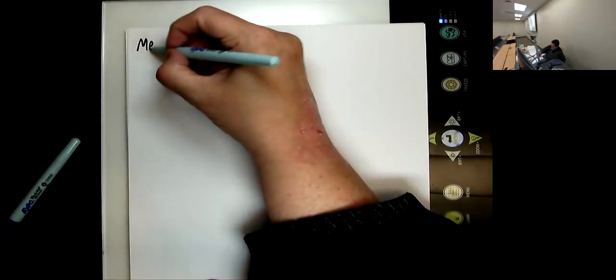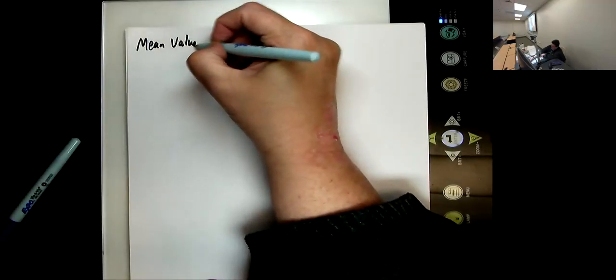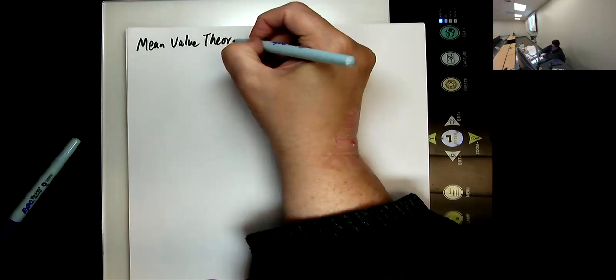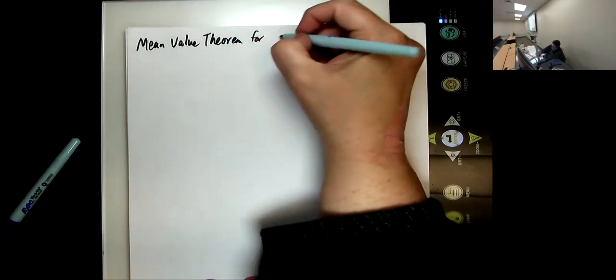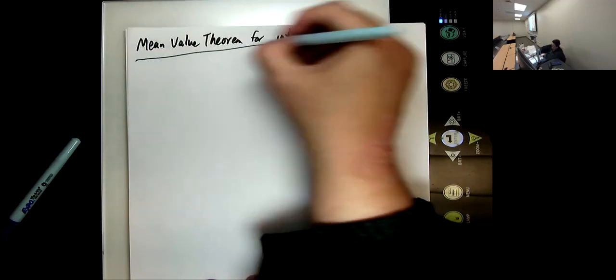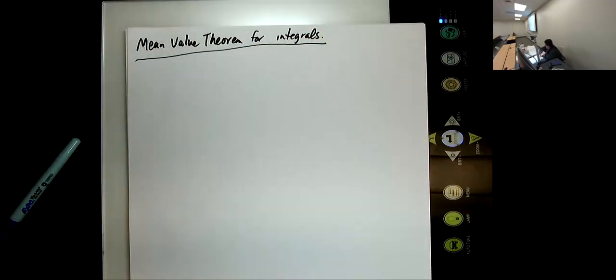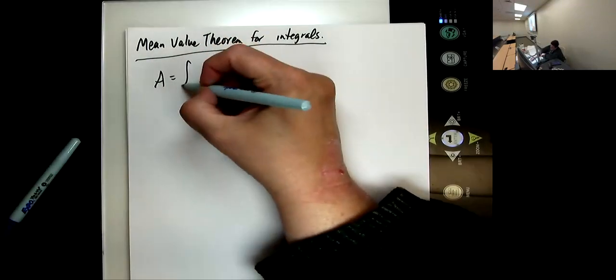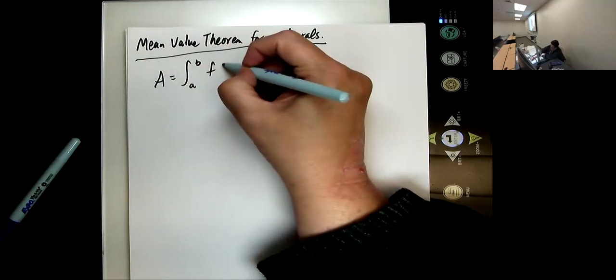So this is where we get the mean value theorem for integrals, where this is going to show the thought process here. Let's say we've got A equals the integral from a to b of f of x dx.